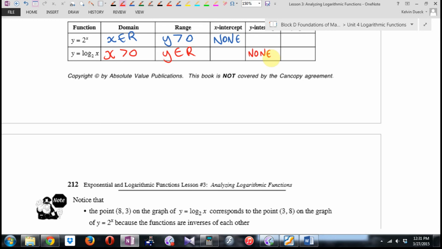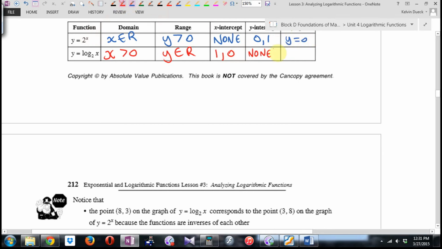What was the y-intercept? The y-intercept was (0, a), in this case (0, 1). This is going to have an x-intercept of (1, 0), and I switch the x and y around there too. Am I right with all this? That matches the graph. And the exponential had a horizontal asymptote.